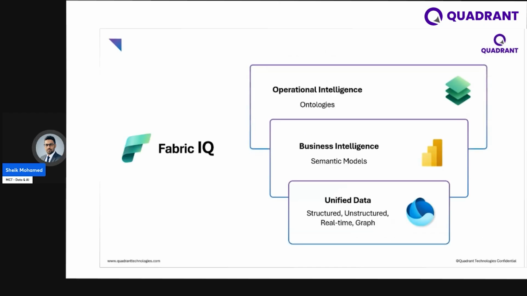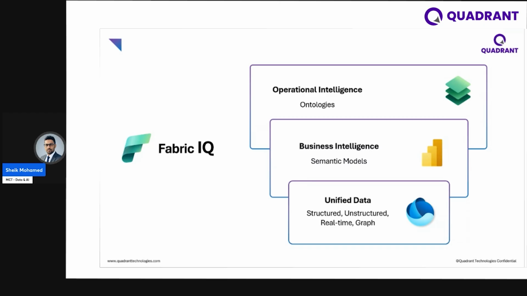Yeah, so this slide shows how Fabric IQ builds intelligence in layers, right? From unifying your data, to business intelligence with your semantic models, and then the operational intelligence with your ontologies. At the bottom, we have unified data. This includes, let's say, OneLake, your Lakehouse, warehouse, so kind of unification, as we already talked about. And this is going to be the technical foundation, but by itself, it is not enough, I would say. Business intelligence is where you define your KPIs, metrics, dashboards, and decision-making views.